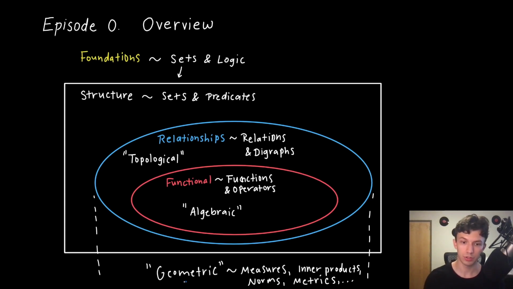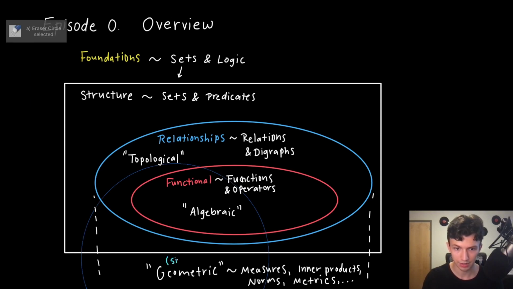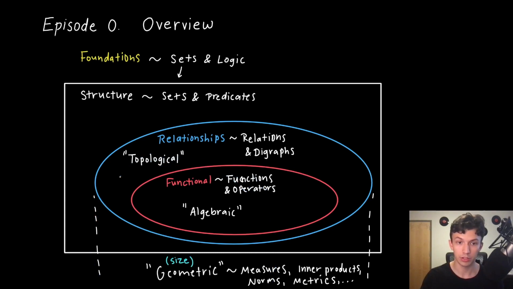Okay. So geometry is all about, let's do a different color here. Let's use this light blue. Okay, so geometric is all about size. Geometry is all about shape and size. So I'm going to write size here. Topological structure is all about shape or space. Okay.